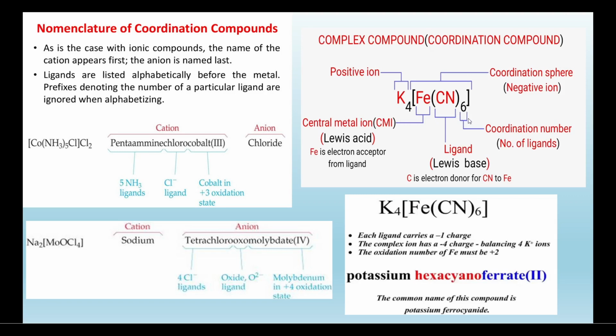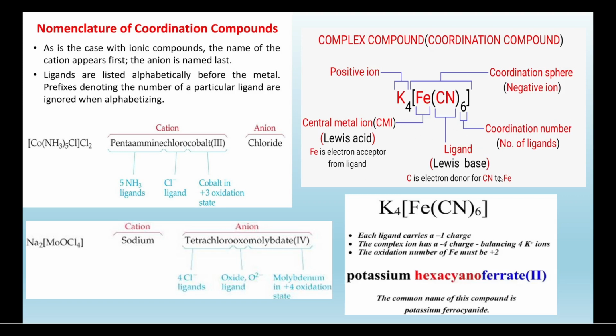Here we name it with this coordination sphere, that is the negative ion, and this is the coordination number, the number of ligands. The iron is the central metal ion, which also acts as a Lewis acid.